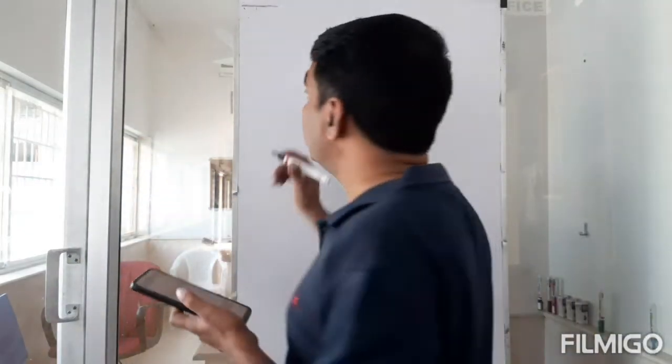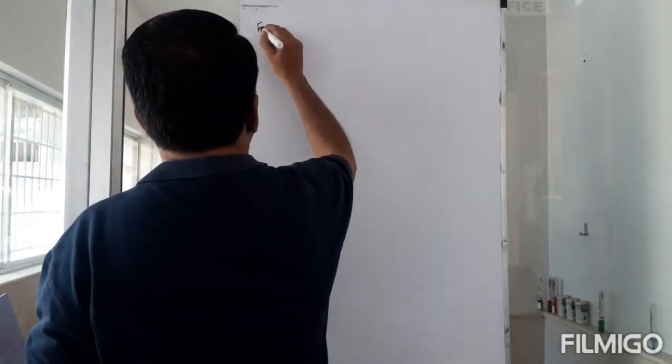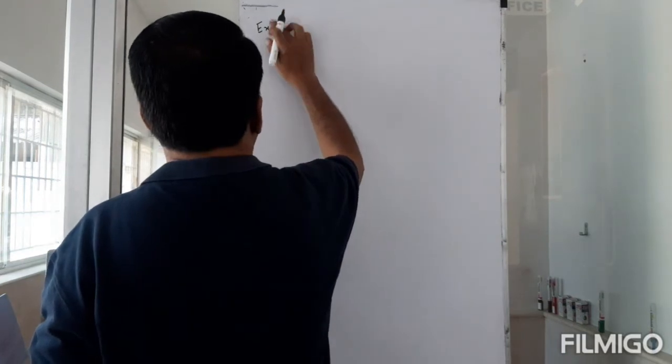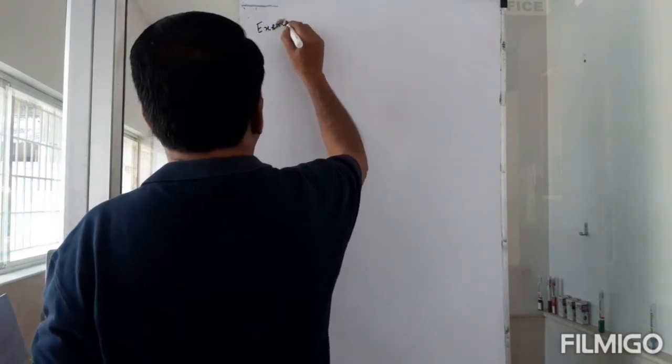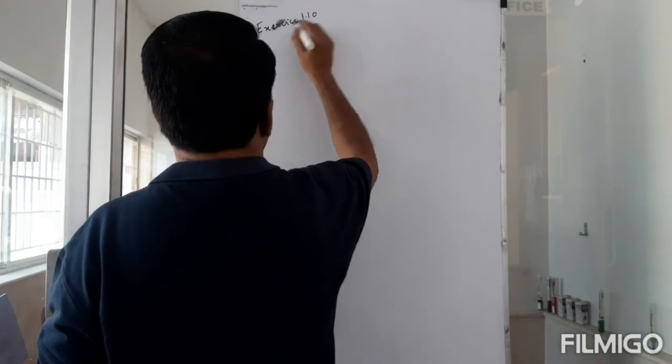I'm not taking any problem from the examples in the textbook. There is no example given for this. So I'm taking a problem from the exercises to explain this to you. And it's exercise problem number 110, not example.